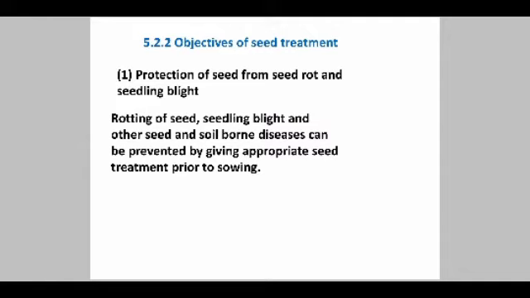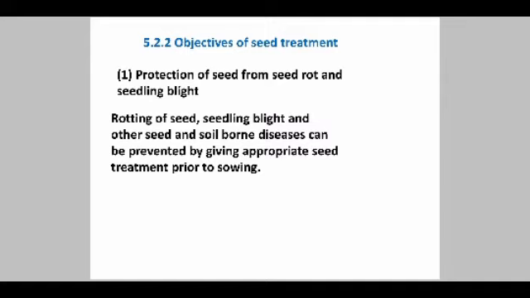Some important objectives of seed treatment should be followed. The first one is protection of the seed from seed rot and seedling blight. Seed rotting or seedling blight are an invitation for seed-borne or soil-borne disease, so it should be prevented by giving the appropriate seed treatment prior to sowing.